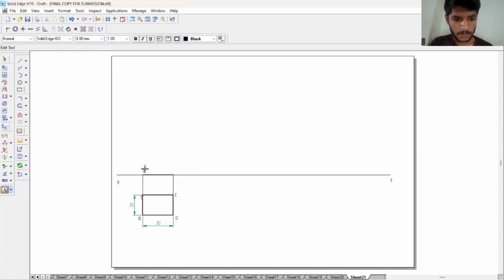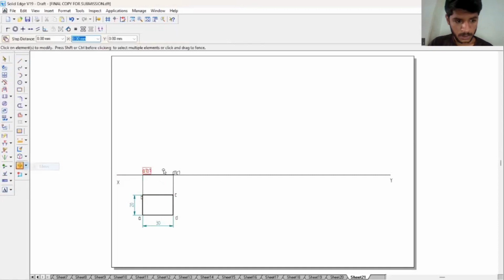Let's give the naming: A dash, B dash and D dash, C dash. And now let's move on this line.